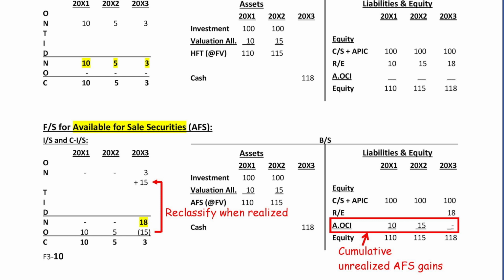They are parked in accumulated OCI on the balance sheet until the gains or losses are realized, which is when you reclassify to income statement. So guys, unrealized gains and losses from available for sale securities go into OCI, accumulated OCI. The moment it's realized, that's when it goes into income statement.